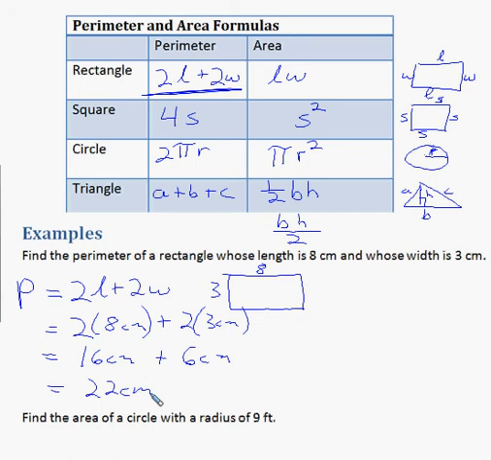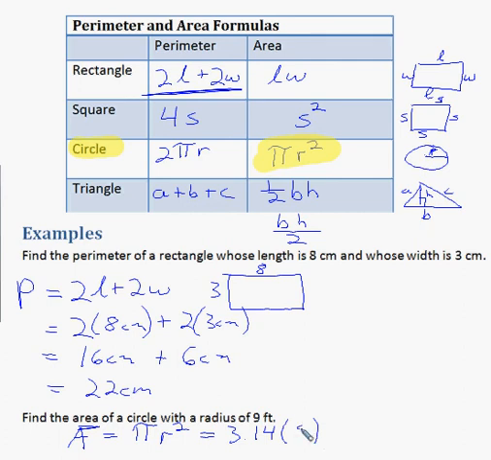The second example, find the area of a circle with a radius of 9 feet. So this is asking for area. Here's a circle, we want the area of a circle, which is pi r squared. So we can have area equals pi times r squared. And hopefully we know pi is about equal to 3.14, and then times the radius squared.